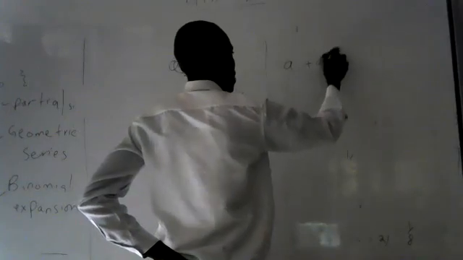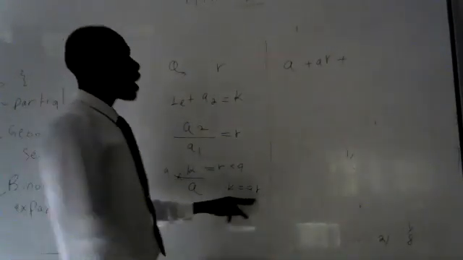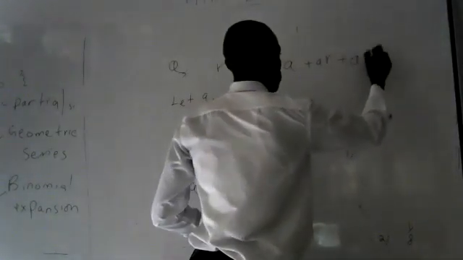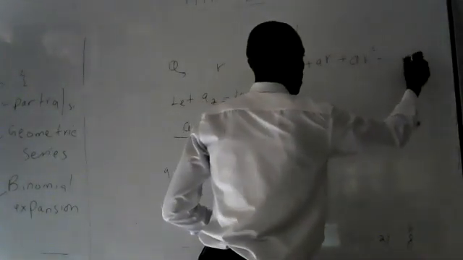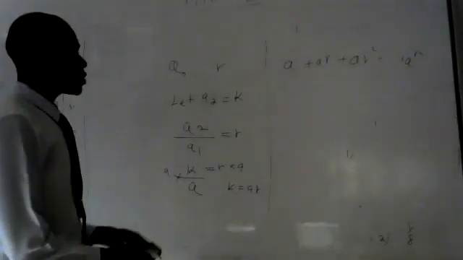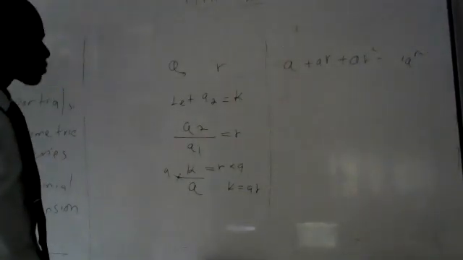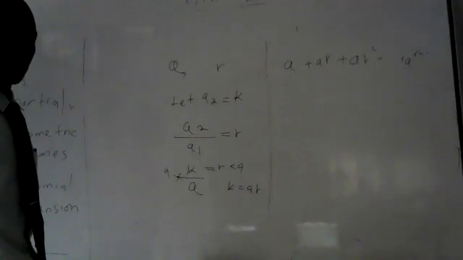So this is why if I have A as the first term, the second term is just AR. The next term is going to be AR multiplied by R, which is AR squared. You go all the way to AR^(n-1), all the way to infinity, or up to the number of terms that you are interested in. Fair enough? Did I answer your question?